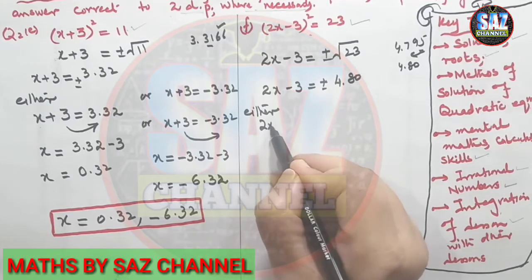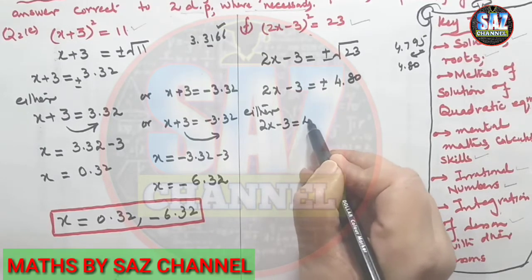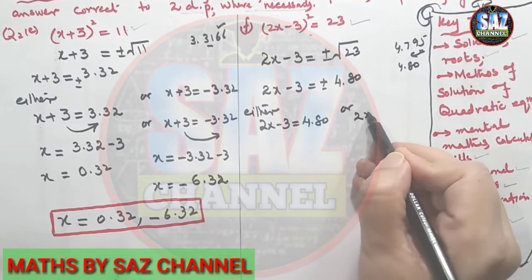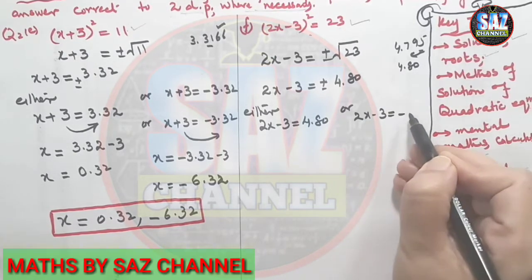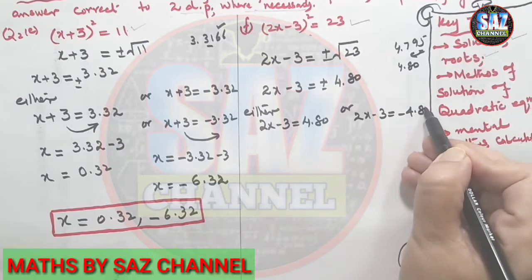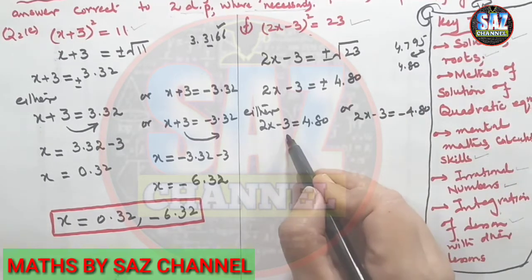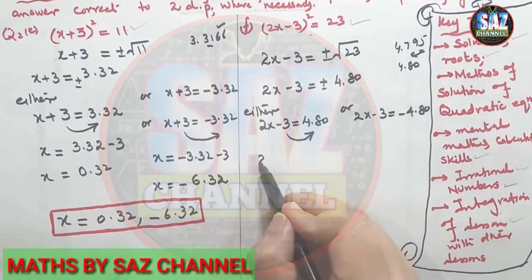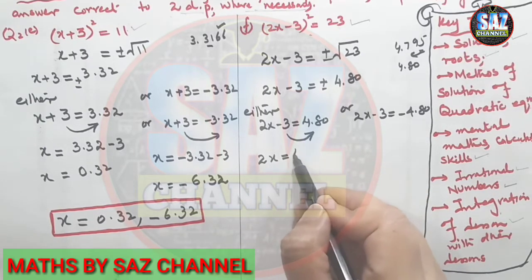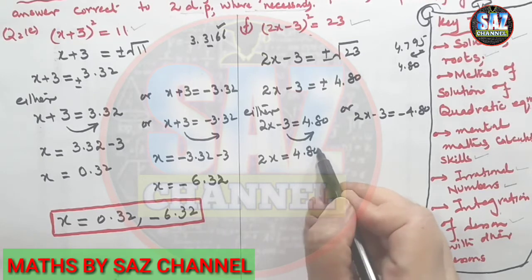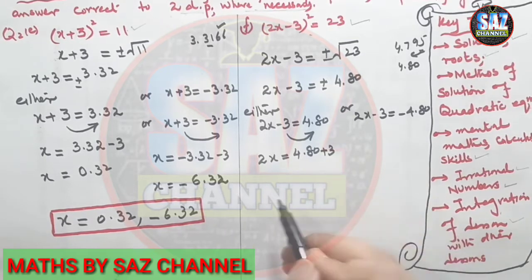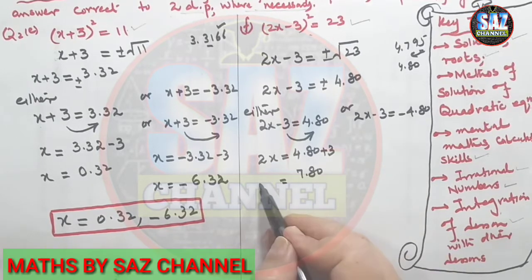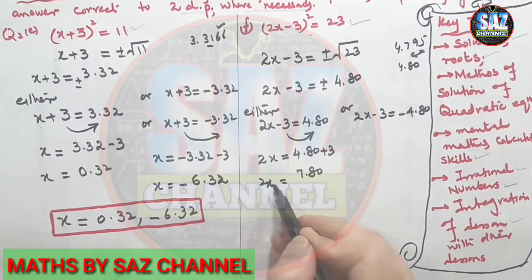In order to solve this equation, I have to apply the either-or condition. Either 2x minus 3 equals 4.80 or 2x minus 3 equals minus 4.80. Now we have to shift this 3 to the other side, and I will get 2x equals 4.80 plus 3. 4.80 plus 3 is 7.80, equals 2x.